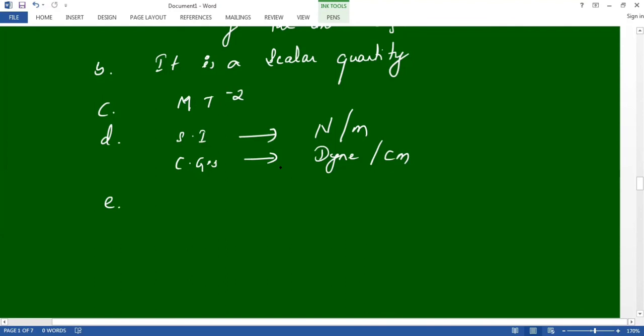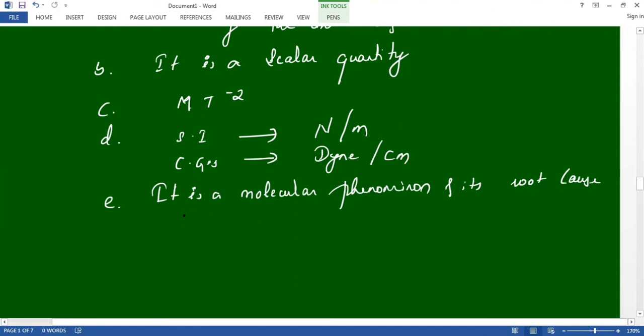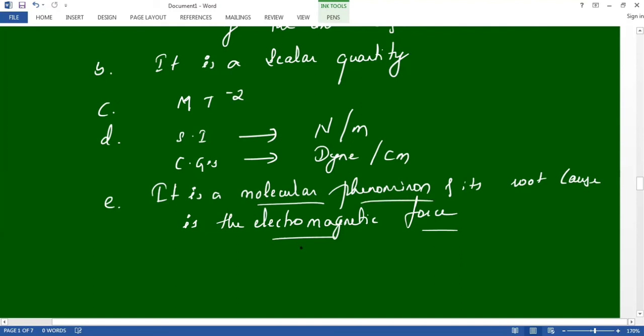It is a molecular phenomenon, and its root cause is the electromagnetic force. It is very important.